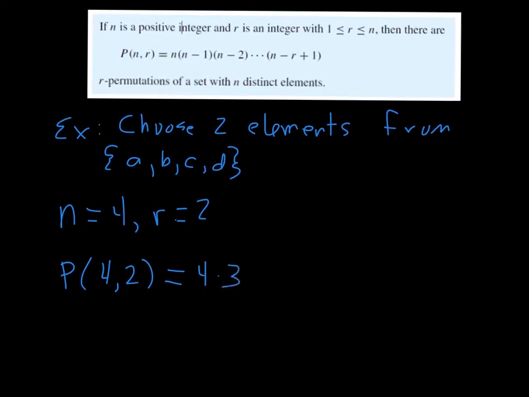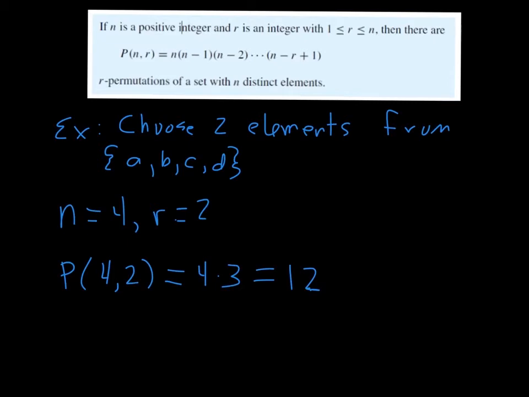And when do I stop? I stop when I get down to n minus r plus 1. n is 4, minus r would be 2, plus 1 would be 3, so I stop. So it's just 4 times 3, which is equal to 12. So there are 12 different ways to choose 2 objects from that original set of 4 objects. So you stop counting down on multiplication when you get one more than r.